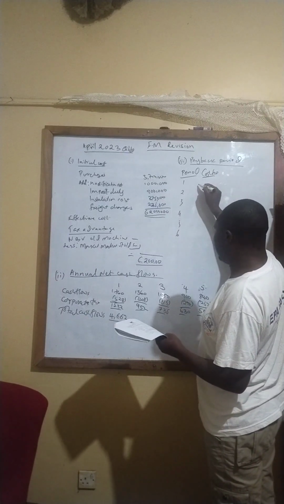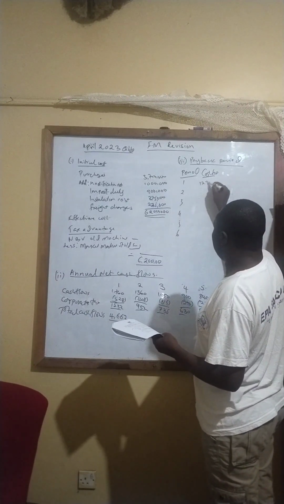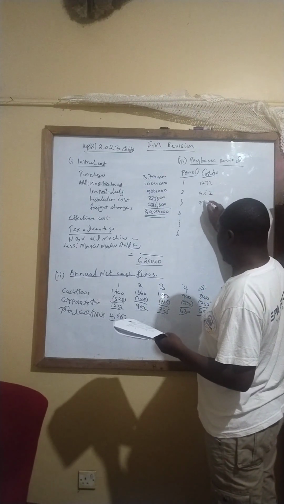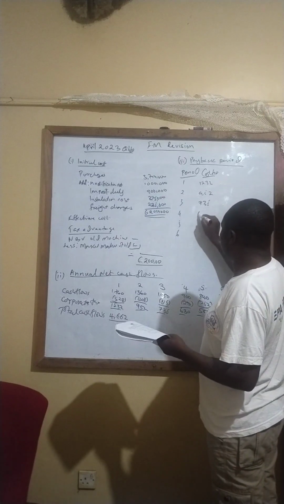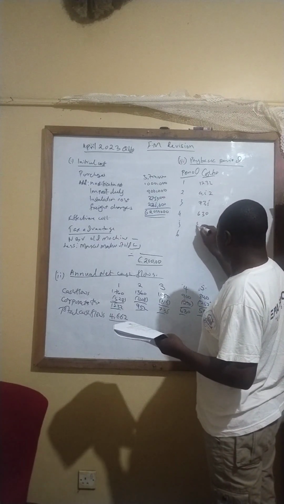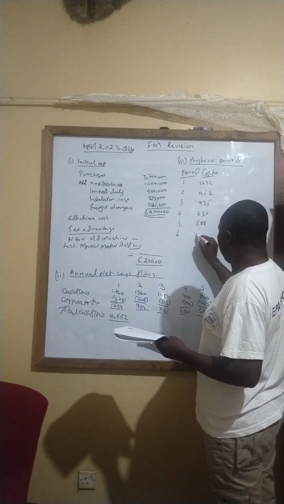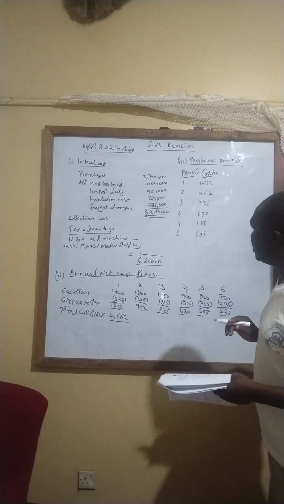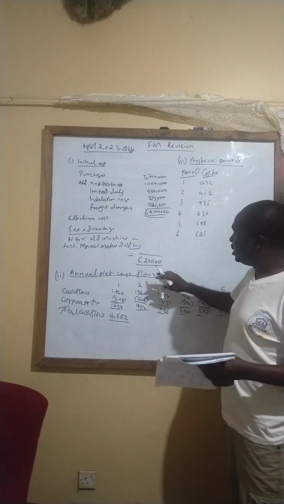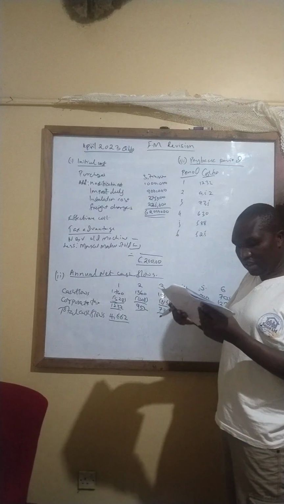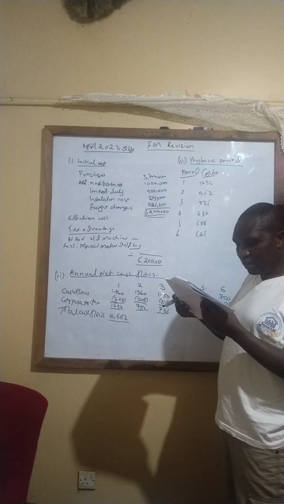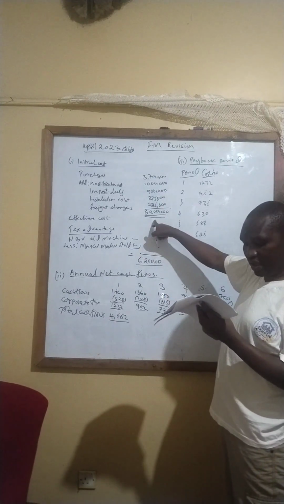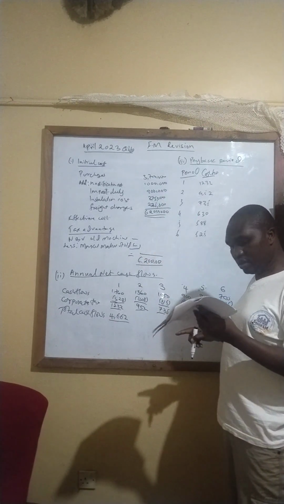Here the first one is 1232, 952, 735, 630, 588, finally 525. So here we want this particular person to recover his investment. How much is his initial investment? So in this case, we have discovered that his initial investment is this one here.